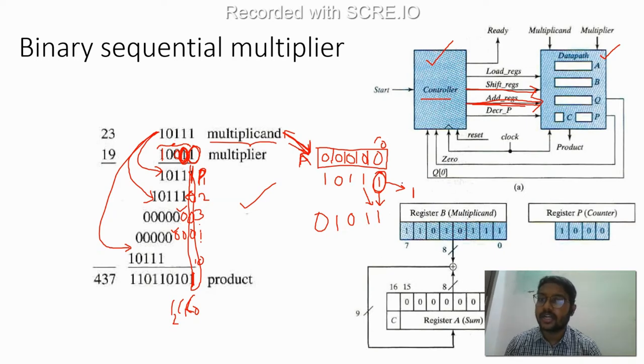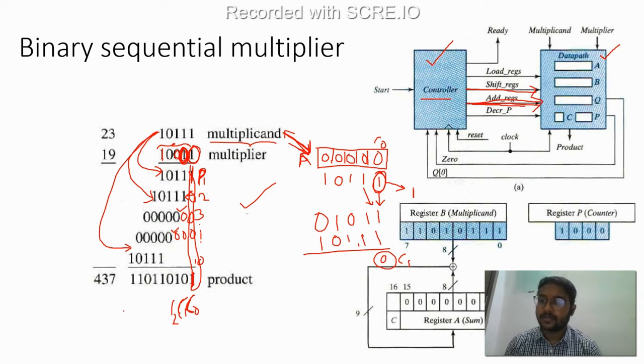The accumulator you are right shifting, so you just add the multiplicand, 10111. You will get something, and this is your c1. In each and every step, you obtain one particular bit of the final product, that is c0, c1, c2, c3, c4, and so on.